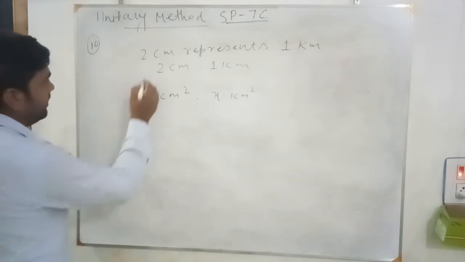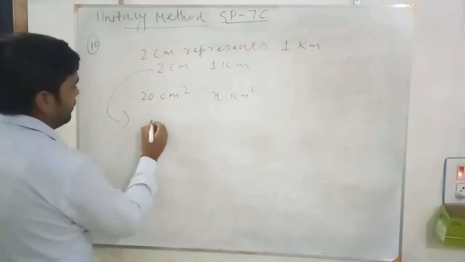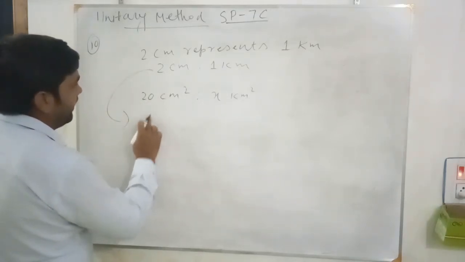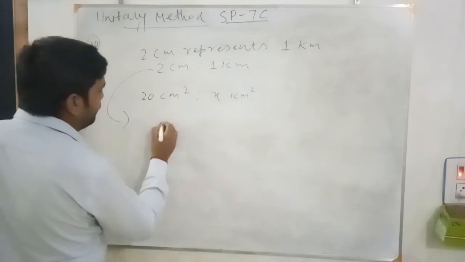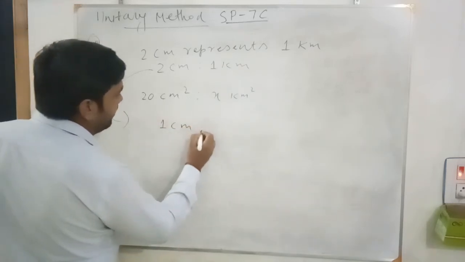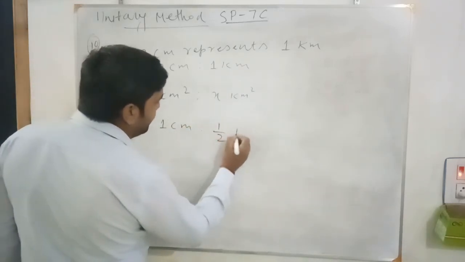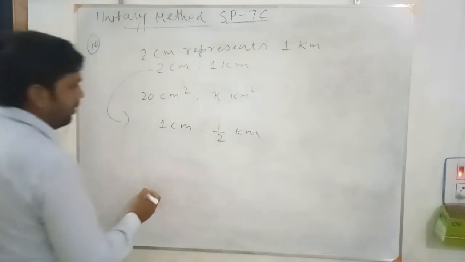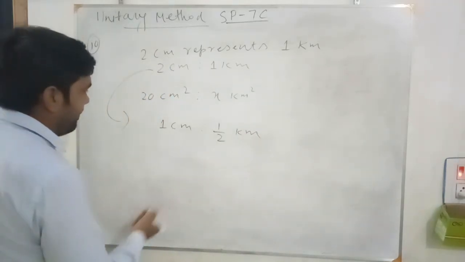So here I am moving to that step. Dividing by 2 in the ratio, 1 centimeter will represent 1 by 2 kilometer. Now we square both sides of the ratio.